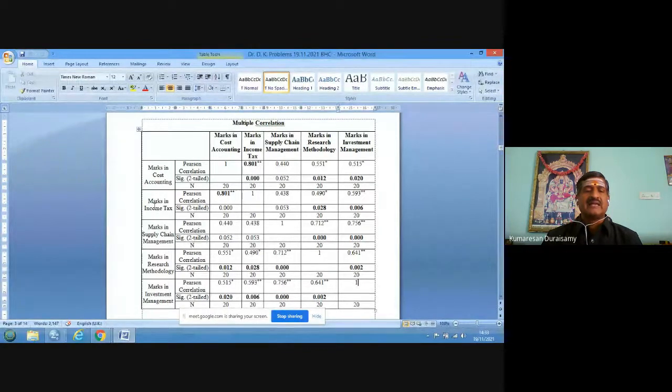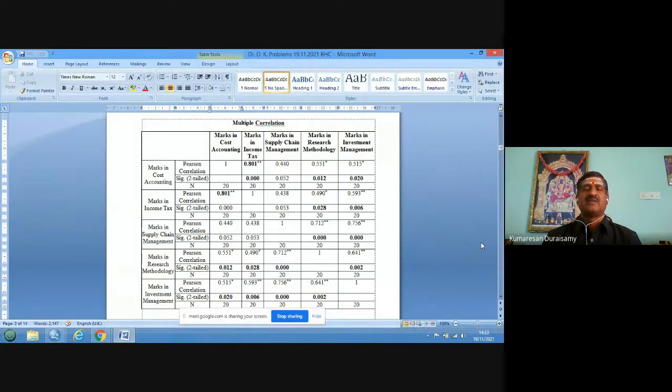Here, income tax versus cost accounting, naturally the same. Look at this 0.801, here also 0.801. Similarly, cost accounting versus supply chain 0.440. Look here, supply chain versus cost accounting 0.440. Similarly, all other variables.